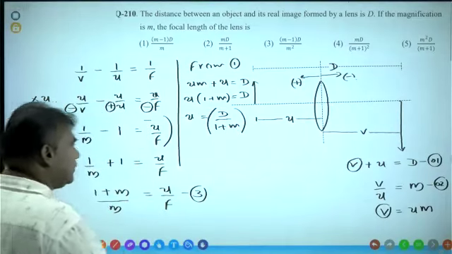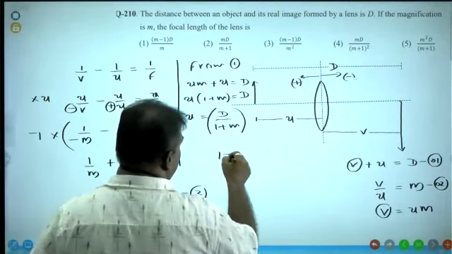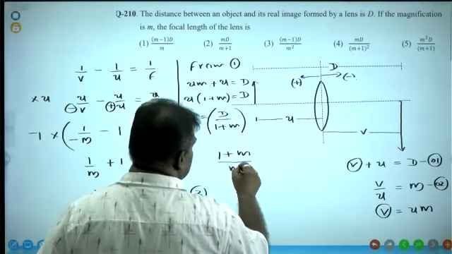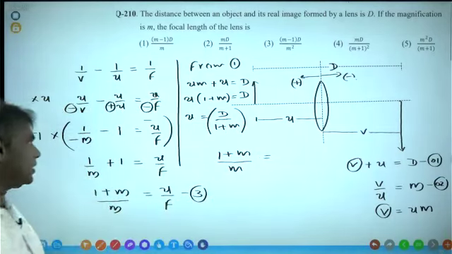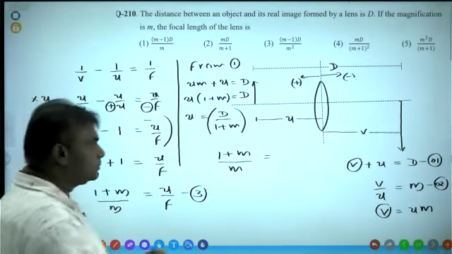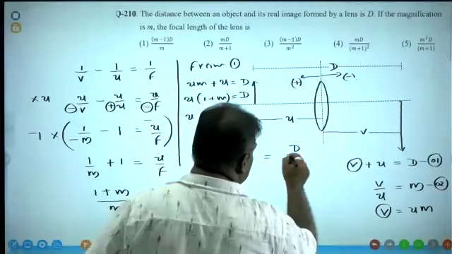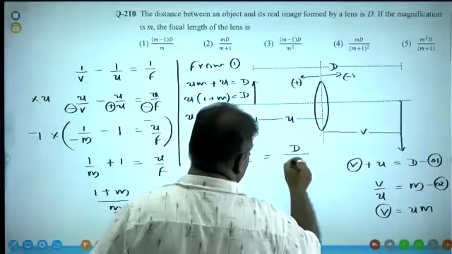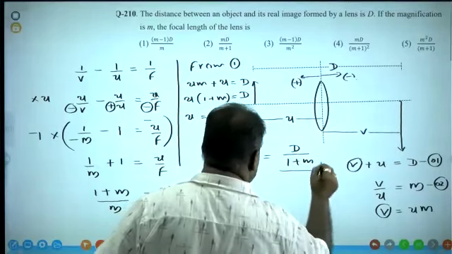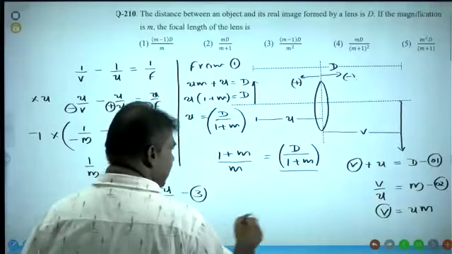Then instead of U, we can apply 1 plus M over M equals U over F from the third one. U is that one, no? D over 1 plus M divided by F here, no?